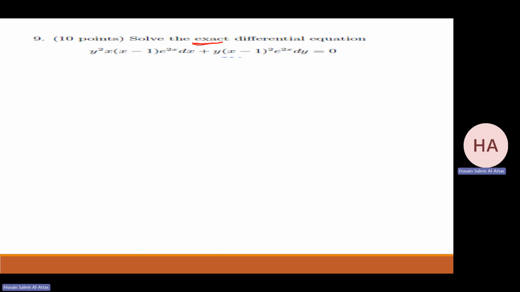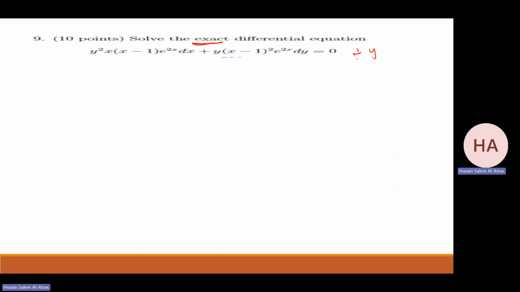He says solve this exact differential equation. Someone will say, okay, why not divide, since I have y squared? Let me show you something.